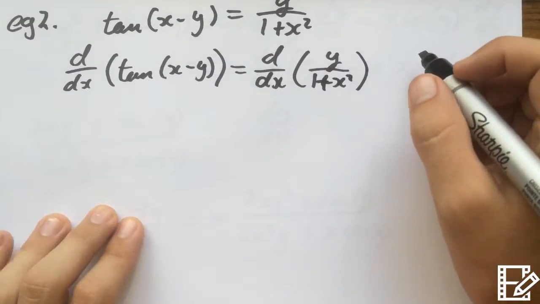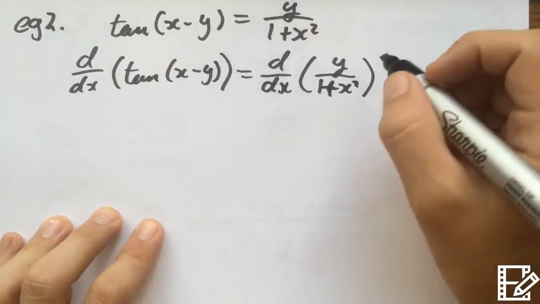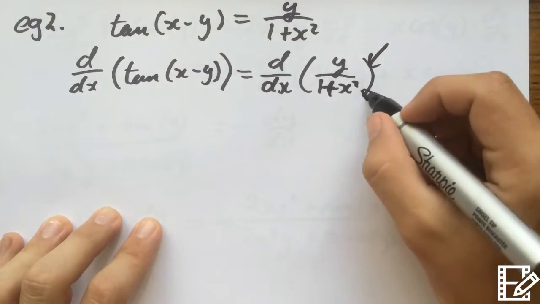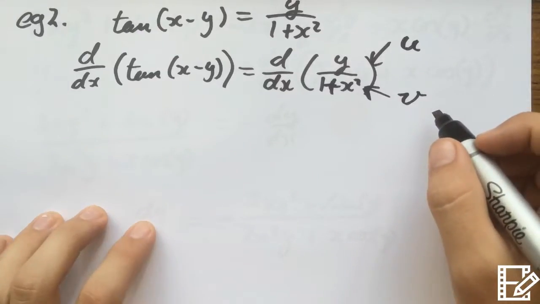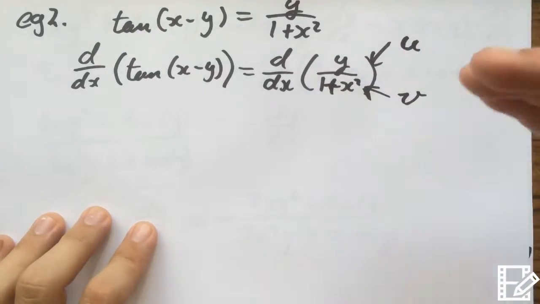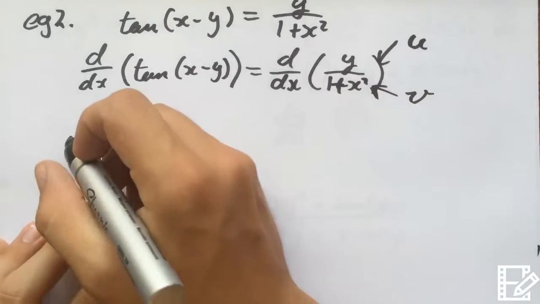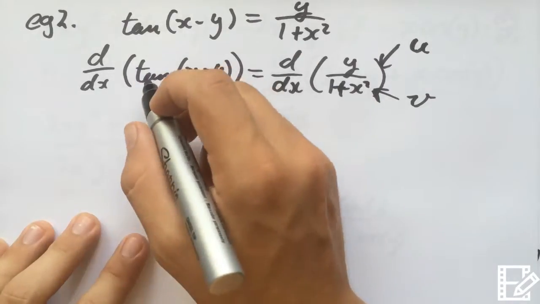Okay, now this side we're just going to use the chain rule, no problem. This side we're going to use the quotient rule. So we're going to call the top one u and the bottom part v. So first we'll do this side.